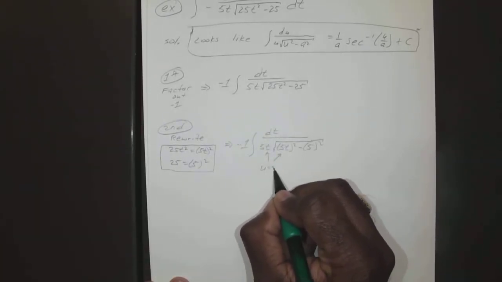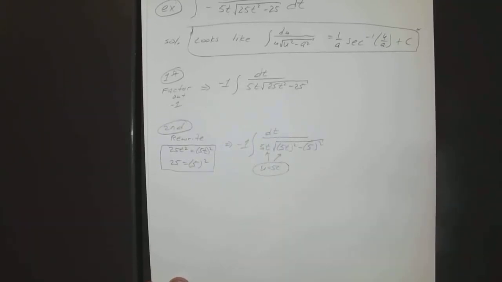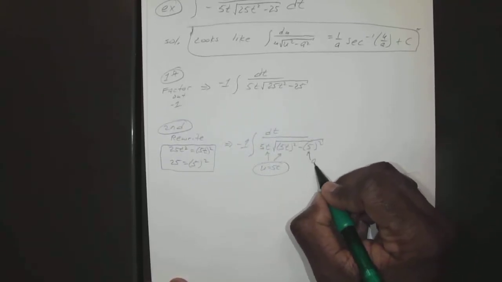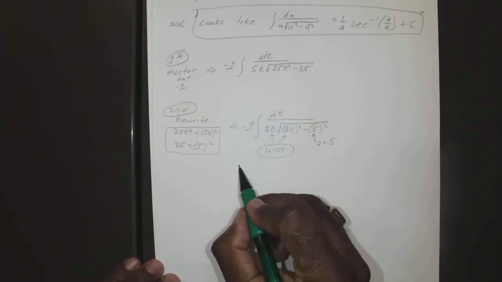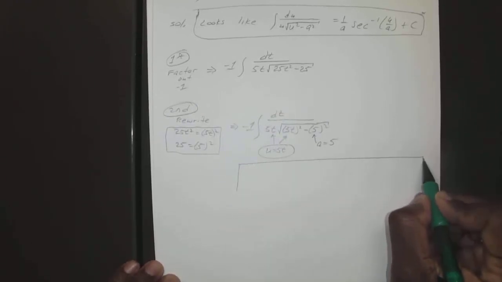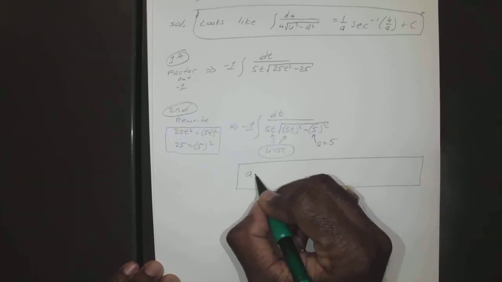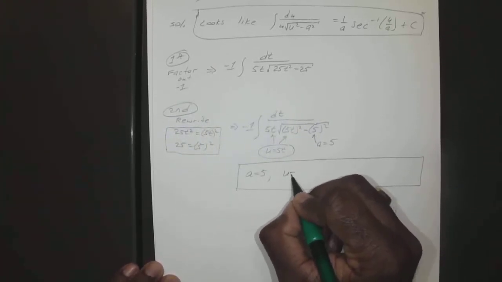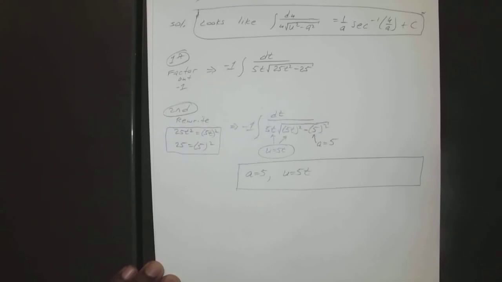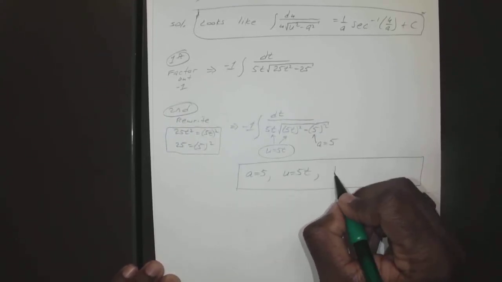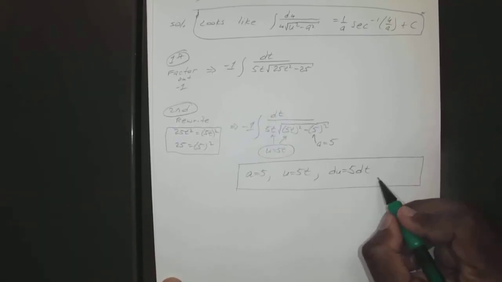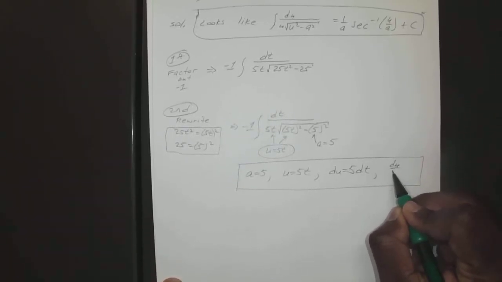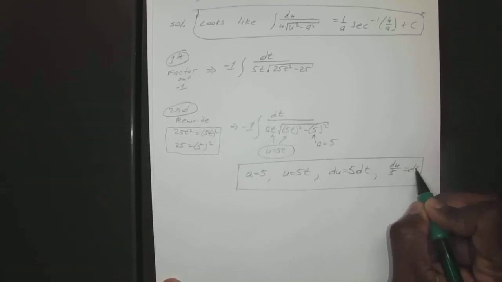So you know that u is equal to 5t, and a is equal to 5. Okay, so that gives us our a equals 5, and our u is equal to 5t, which means our du is going to equal 5 dt. So you have du over 5 for our dt.